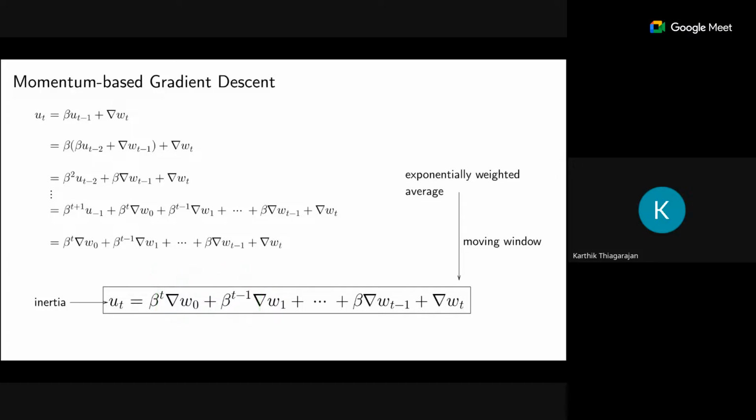So is t another hyperparameter? No, t is your current time step. I meant how many steps in the past we'd be considering, or is that infinite, and since it's exponential, like you said? Yeah, that is implicit. This unrolling that we have done is explicit, but in practice we don't do this.